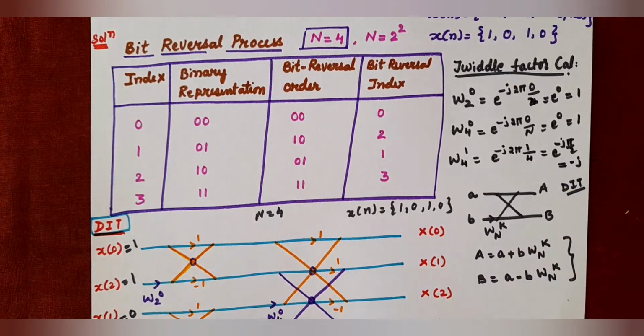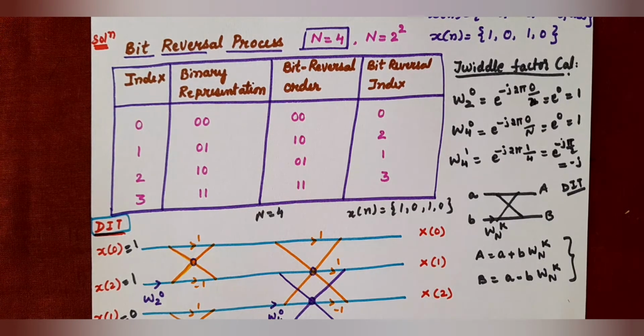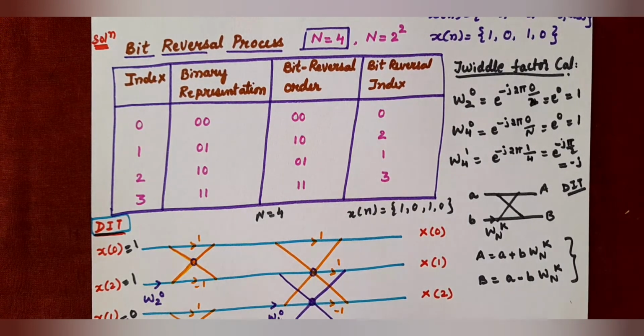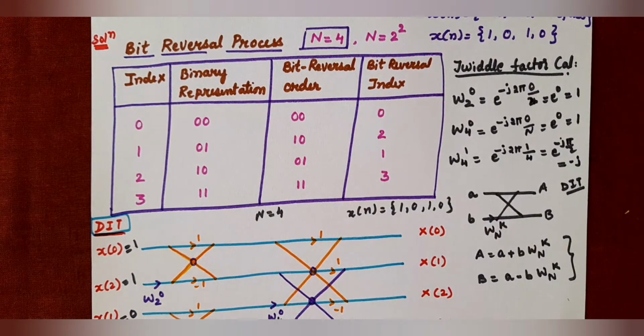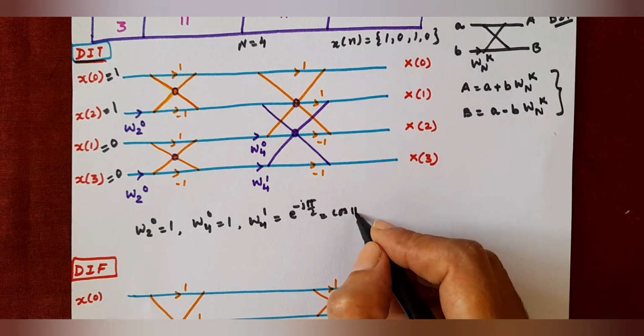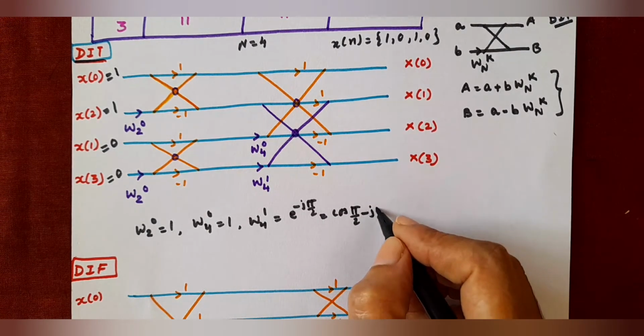So W2 to the power of 0 value is 1, W4 to the power 0 value is 1, W4 to the power of 1 is equal to e to the power of minus j pi by 2, which is equal to cos pi by 2 minus j sin pi by 2.